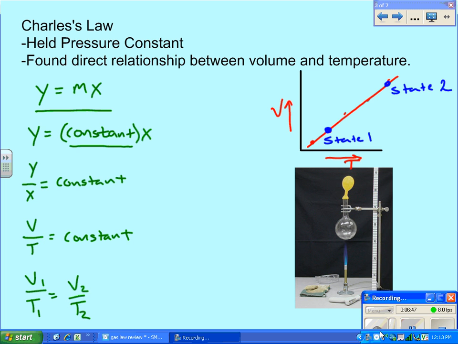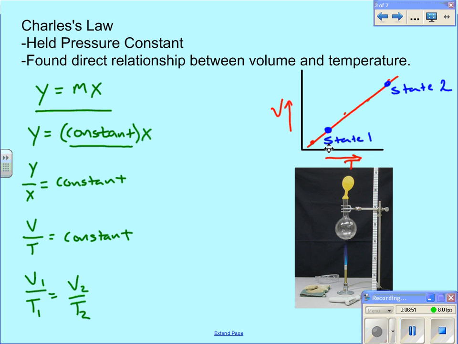So again, let's compare our states 1 and 2. Here we have maybe state 1 versus state 2. We heat up the gas and the volume increases, so let's just compare the before and after. T1 is definitely less than T2, right? This is a higher T than this one.